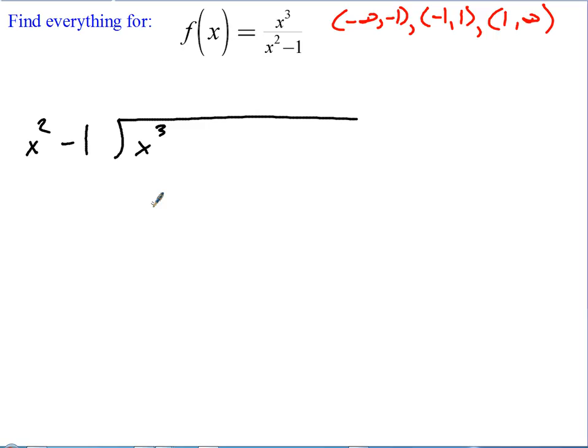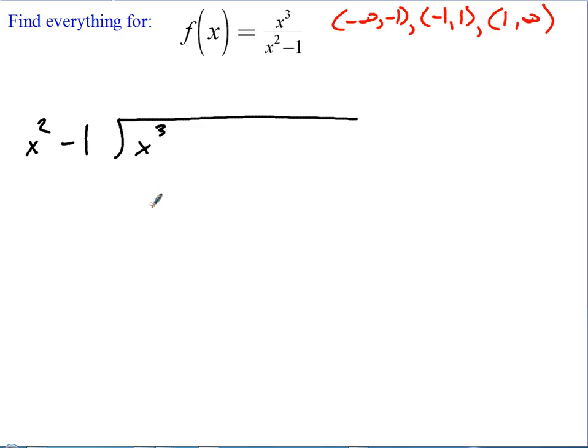Okay, well, it's when it's linear, right? So when the denominator is linear, so it's just like x plus something or x minus something, then I can use that shortcut of synthetic division. Okay, but in this case, I've got x squared minus 1 there, right? And so it's not linear, and so we're stuck doing long division, which is worth having a look at.